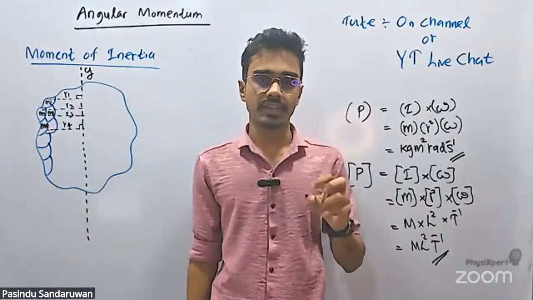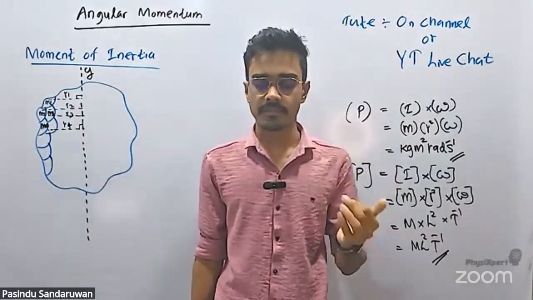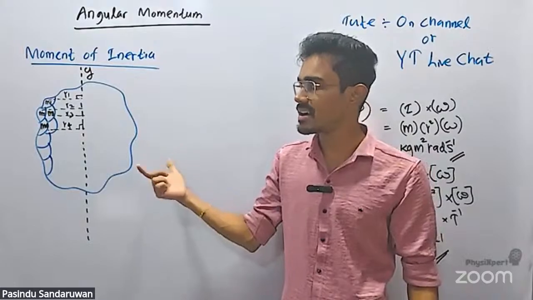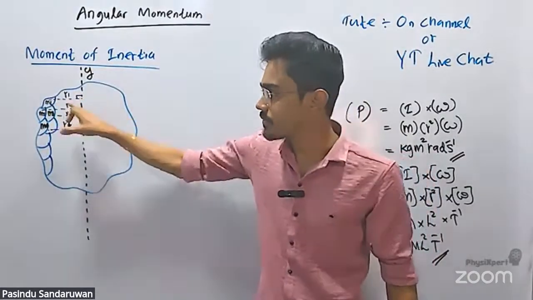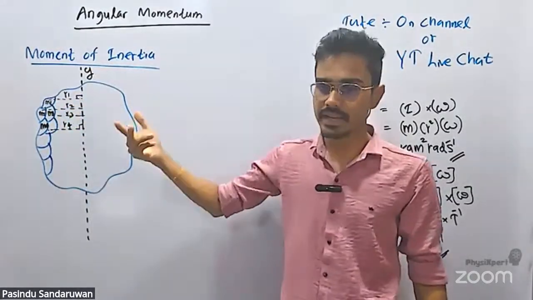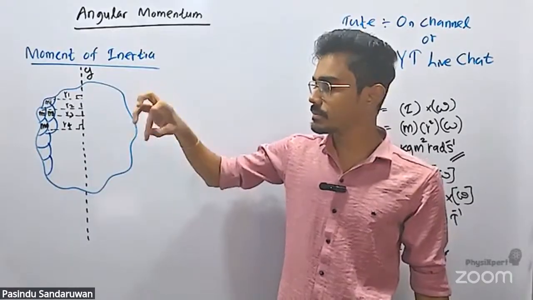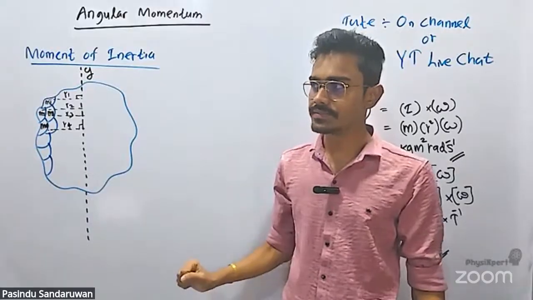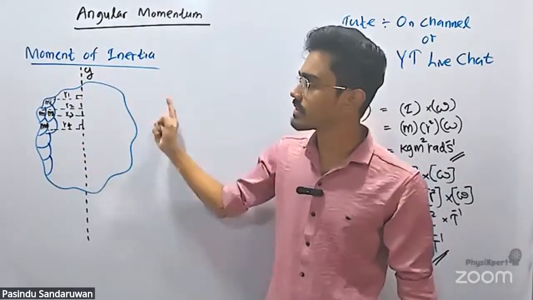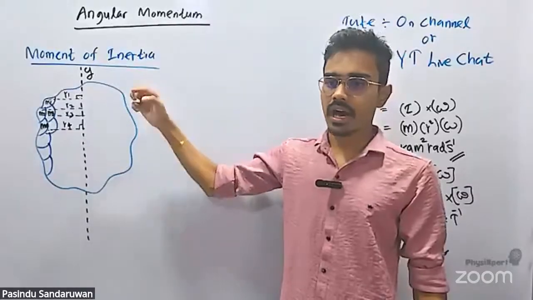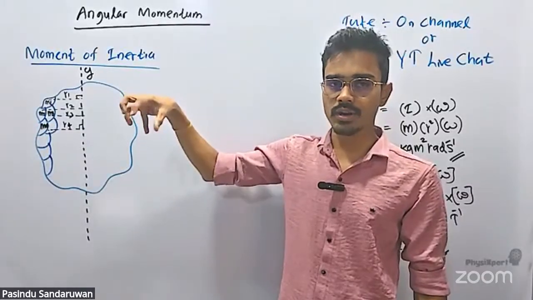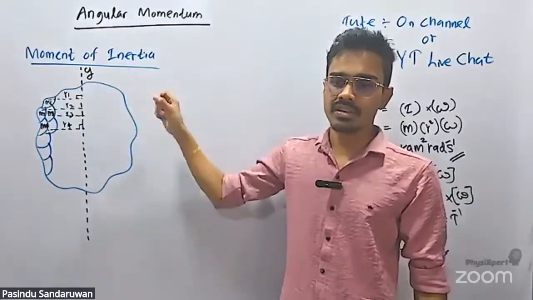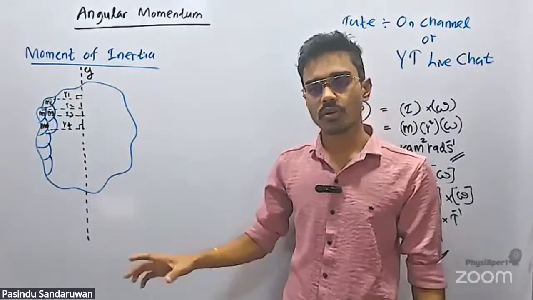Since moment of inertia can be written as mr squared, the moment of inertia due to each particle can be written as its respective m into r squared. Then the total moment of inertia of this system should be the sum of the moments of inertia of all particles.